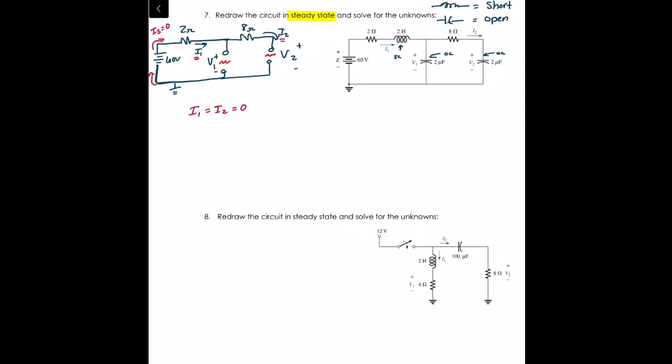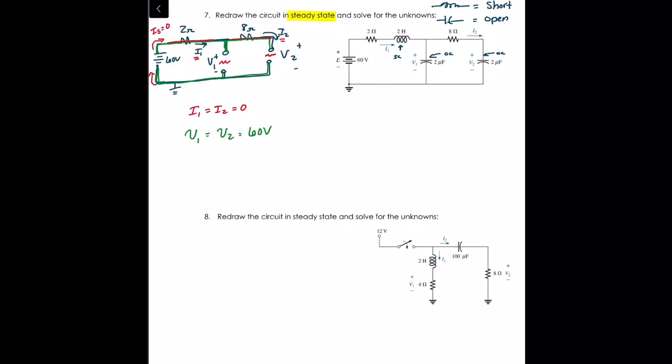Okay, so now we're looking for V1 and V2. Well, it turns out this is pretty simple too, because if there's no current through our resistors, there's no voltage drop there either. They might as well be short circuits. So for V1 and for V2, they are both essentially connected to the positive terminal of the source and connected to the negative terminal of the source.